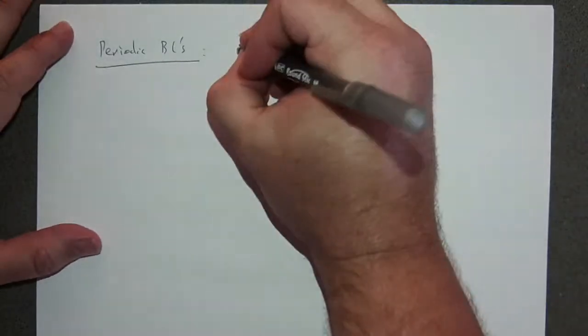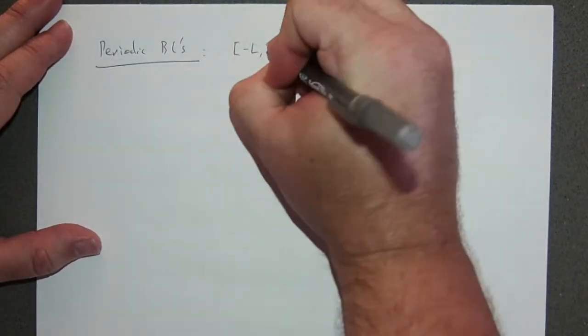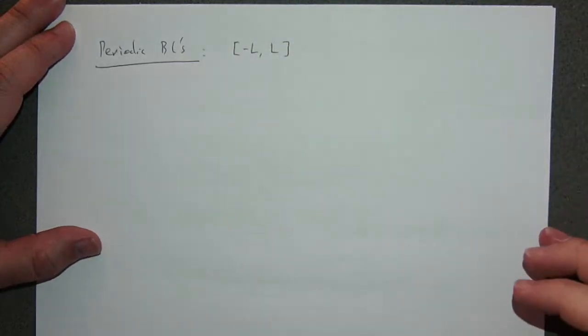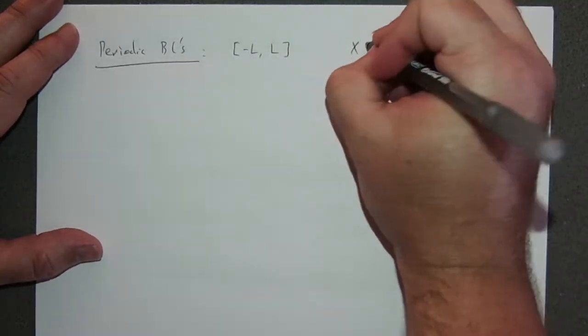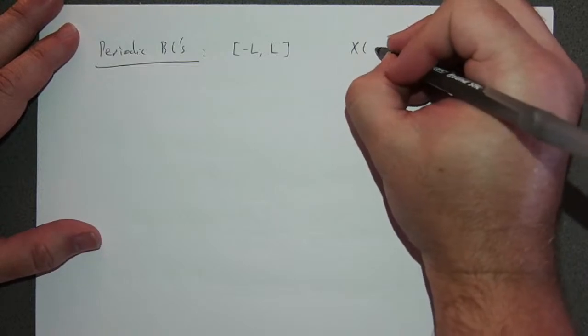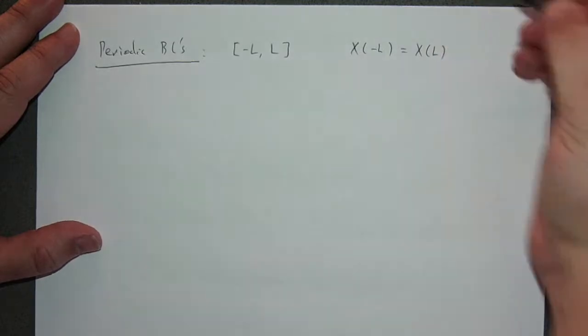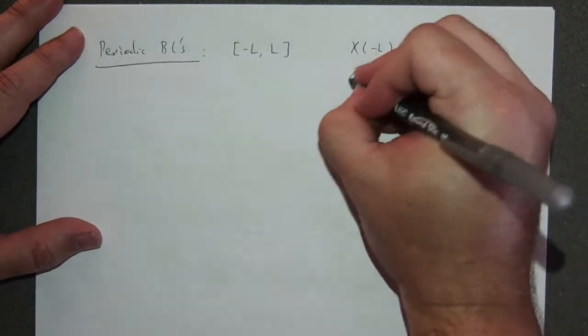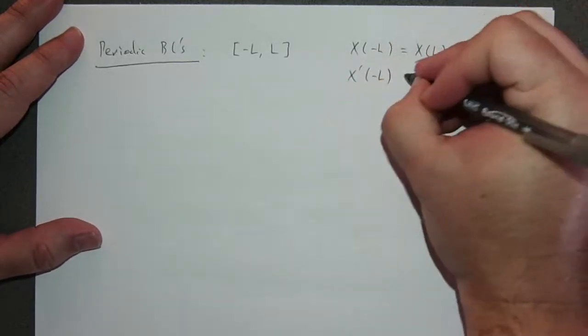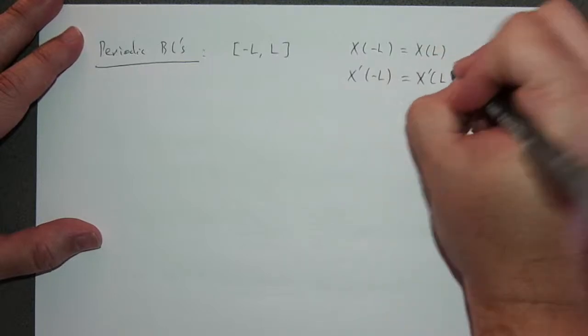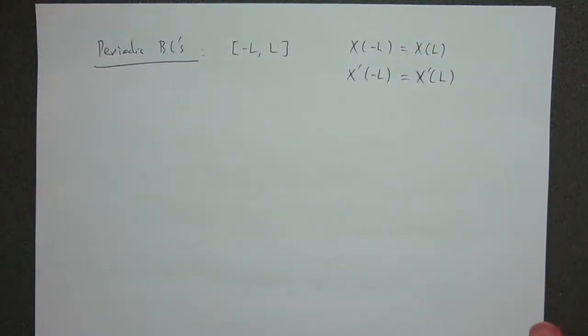Now we have an interval minus L to L. We have periodic conditions: x of minus L is equal to x of L, and x prime of minus L is equal to x prime of L. So the values of x and its first derivative are equal at the endpoints.